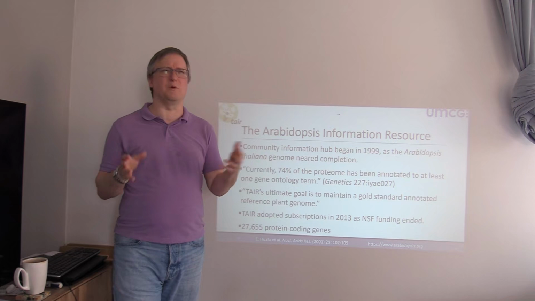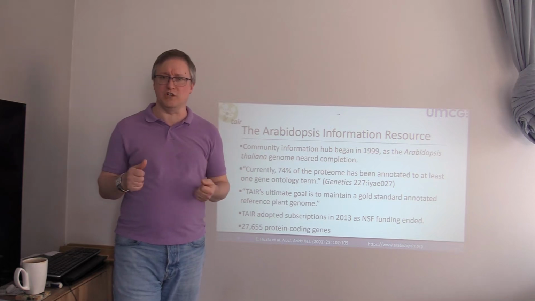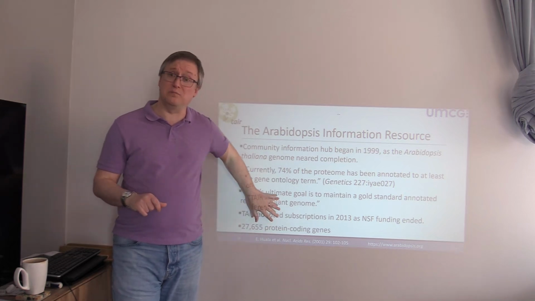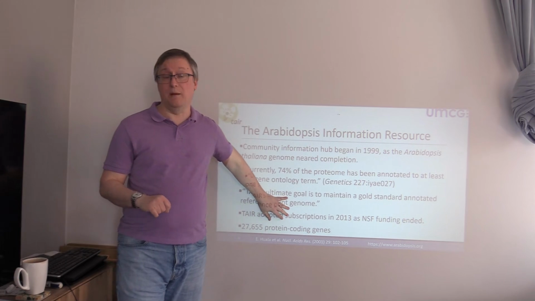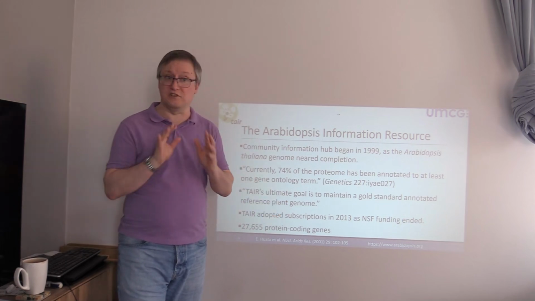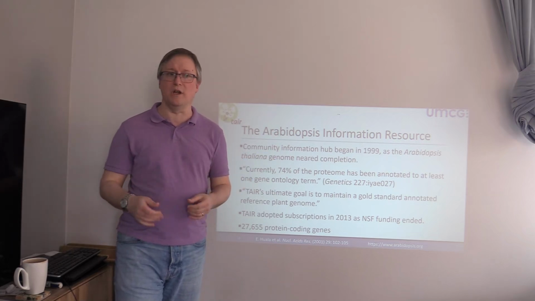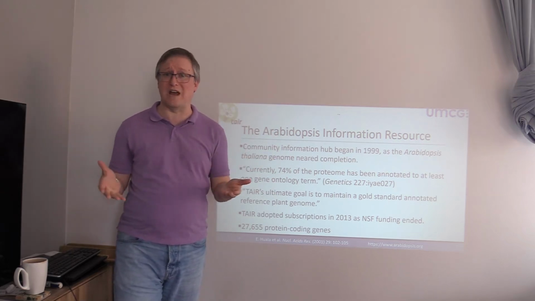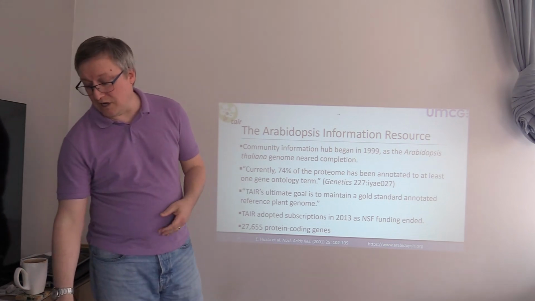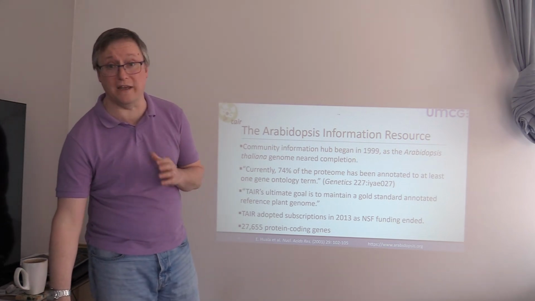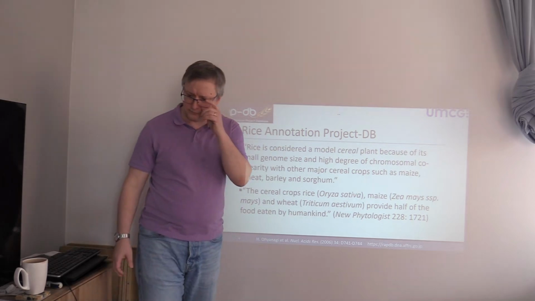We have just over 20,000 protein coding genes in humans. So as plants go, this is tiny. And it's a really nice plant for us to do all kinds of genetic manipulations and so on, and it's not so big that you can't just house it in your lab. So Arabidopsis has been a very popular plant for a very long time.